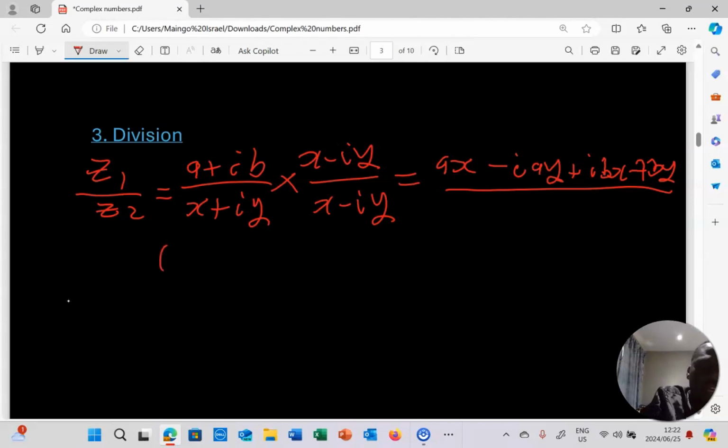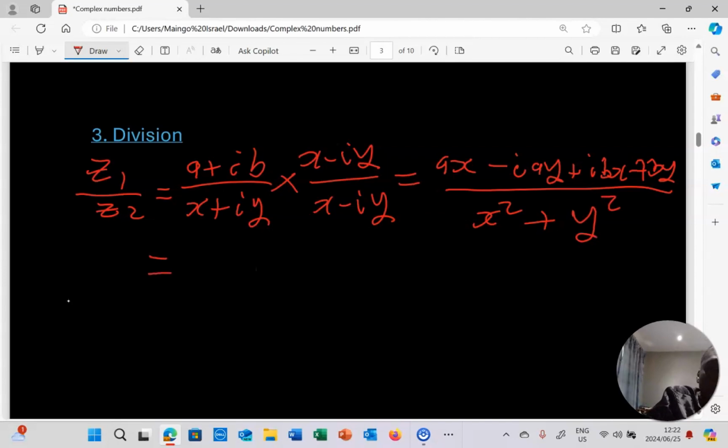It's like multiplying a minus b, a plus b, where you just have to say it is a squared minus b squared. So we do the very same process here, which will be x times x, it's x squared minus, because i and i is i squared, which is -1, to be plus y squared.